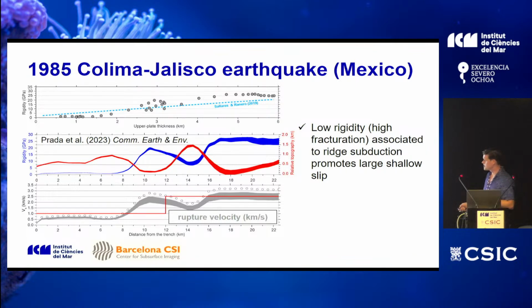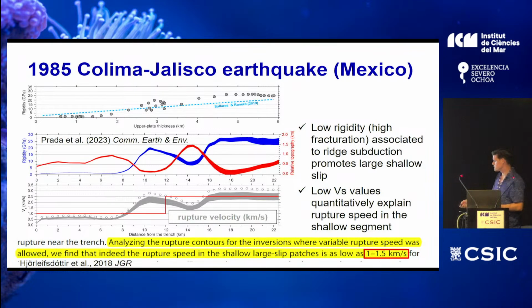If I calculate the average in the shallowmost part of the plate, in the first 12 kilometers, to be consistent with the shape of the models that have calculated the velocities, what I actually found is that this average velocity is close to 1.5 kilometers per second, which is consistent with finite fault inversions of the same earthquake. So our observations can explain not only the occurrence of this large earthquake near the trench, but also some of the dynamics of this event.